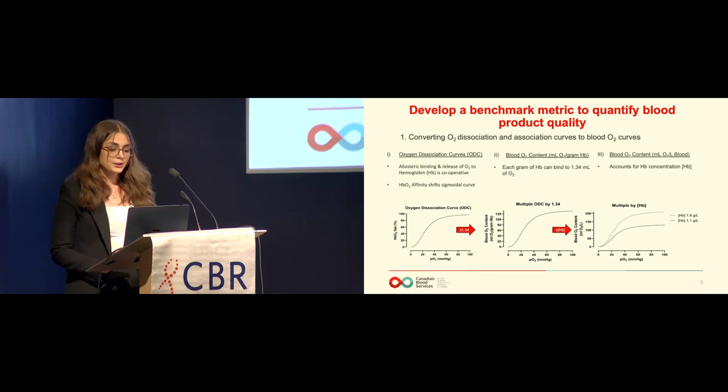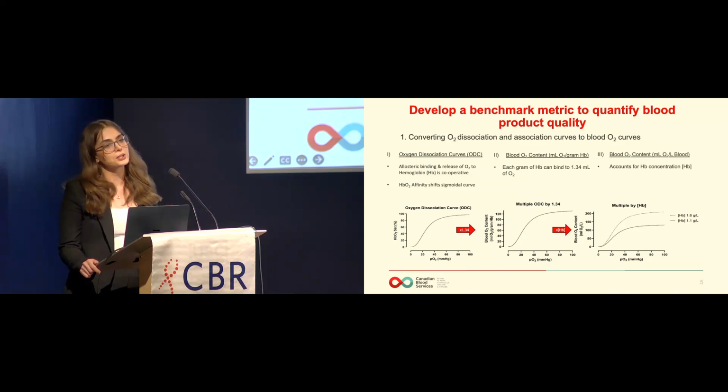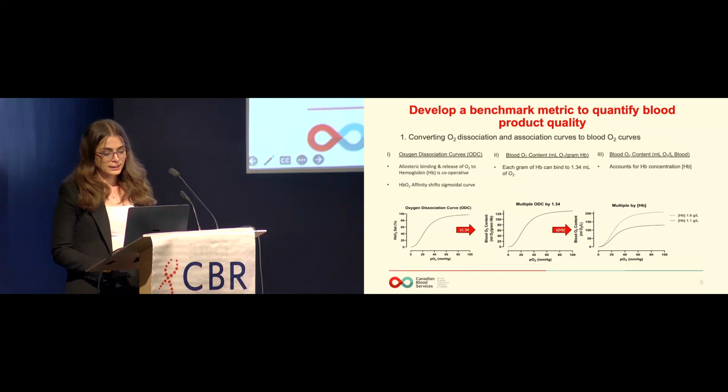Then we multiplied by hemoglobin concentration, because the concentration of hemoglobin is one of the major factors which could affect the quality. In this graph, you can see how this blood oxygen content could differ between a donor who had a hemoglobin of 1.1 compared to one who had 1.6.